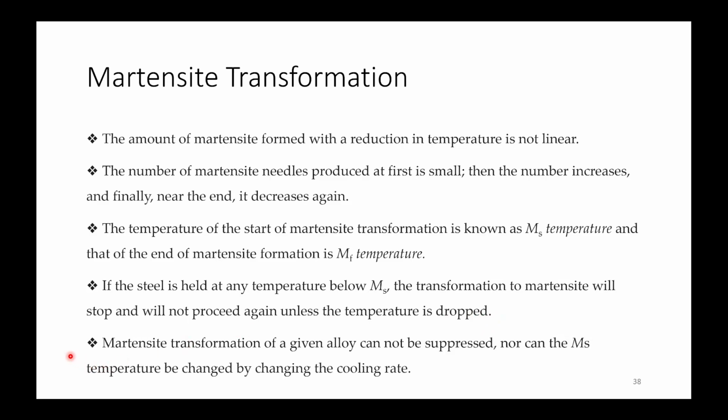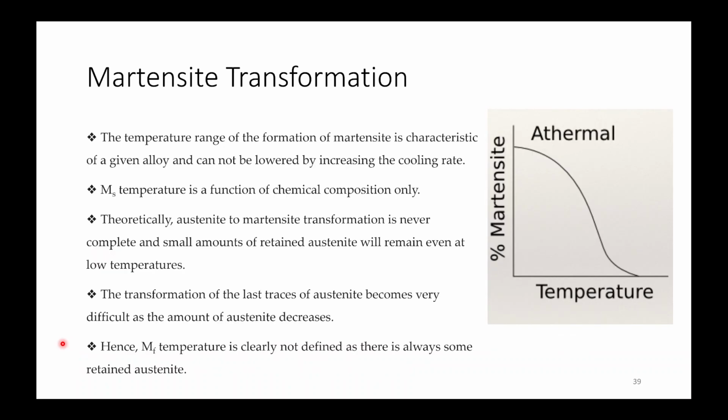The martensite transformation of a given alloy cannot be suppressed, nor can the MS temperature be changed by changing the cooling rate. MS temperature is a function of chemical composition only, so this MS temperature and MF will depend on chemical composition.